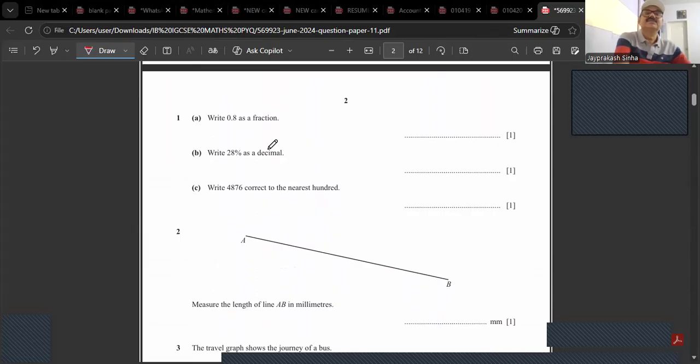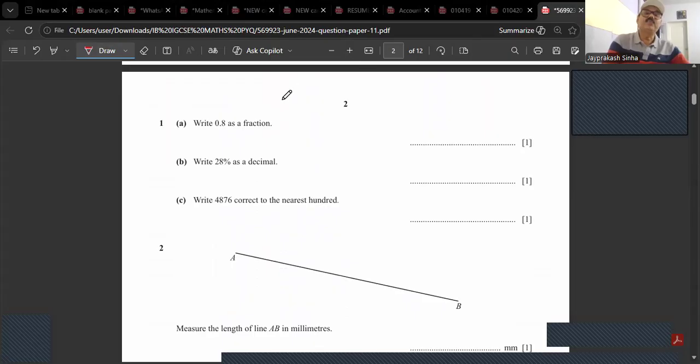The first question is, write 0.8 as a fraction. We can convert this in terms of a fraction as 8 upon 10. Then we can cut it by 2, and this is 4 upon 5.